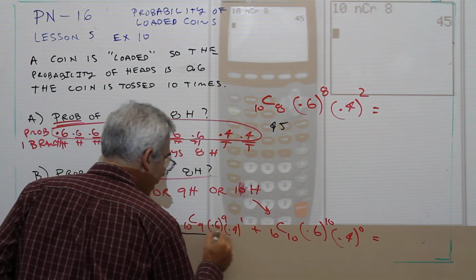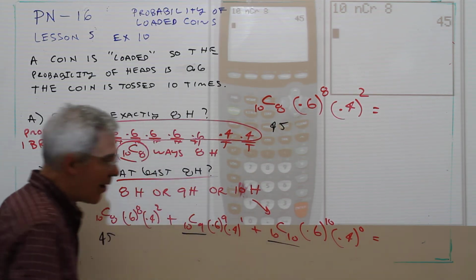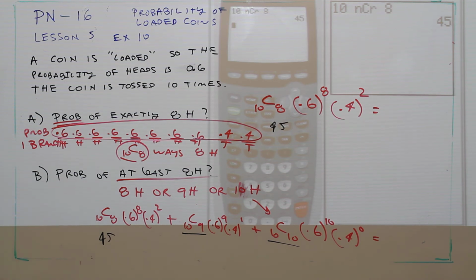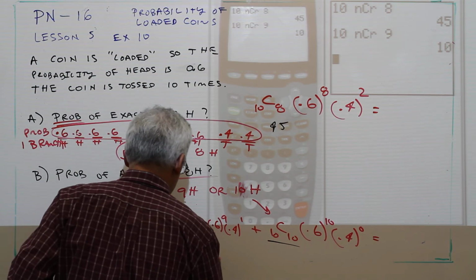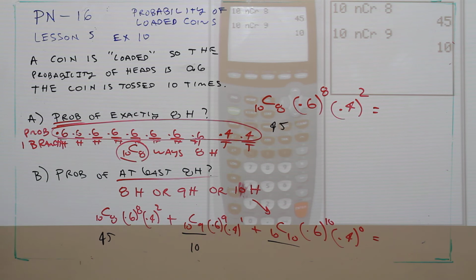While I'm at it, I'll just get these other combinations. I'll use the calculator. I'll show you quickly how to do it. I'm going to go second, enter, overwrite the 8 and make it a 9. I knew the answer was 10, but I just want to show you that. I know that answer is 1, but I'll just show you anyhow. Second, enter, overwrite the 9 with a 10, and get 1.